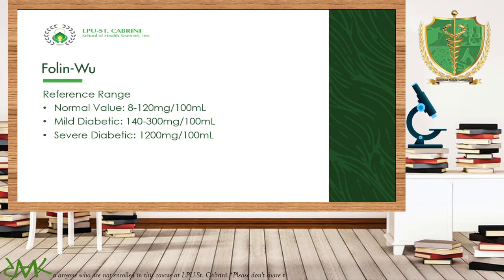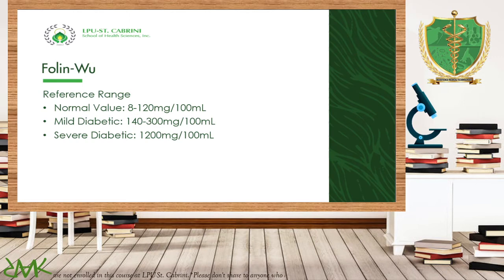Now we have here the reference range for Folin-Wu. A body with a normal metabolism of glucose is expected to have 80 to 120 milligrams per 100 ml of blood. If your blood glucose level is seen in this range, you are considered to have a normal glucose metabolism.